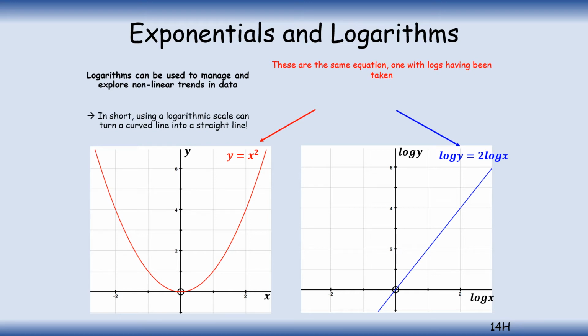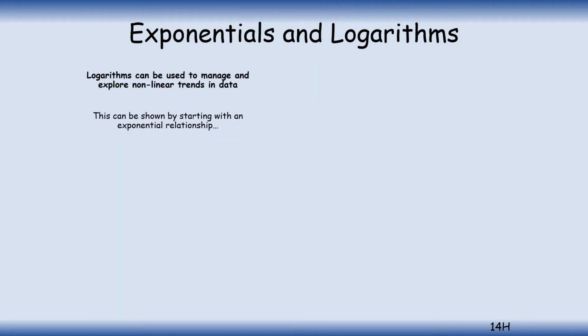But if you change the scale into a log scale, it actually fits into a straight line like this. There's an interesting video you could have a look at on the Vox YouTube channel. Anyway, that's what we want to do. We want to make a non-linear graph into a linear one by changing the scale.